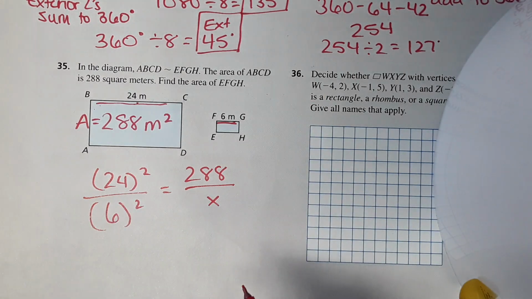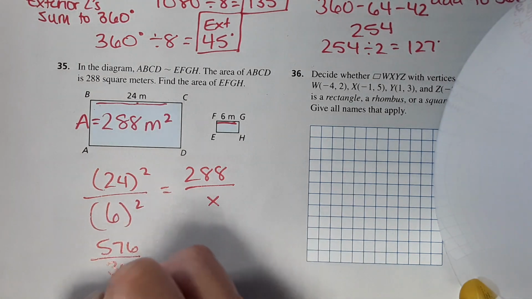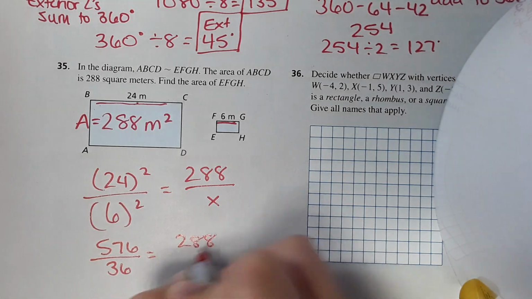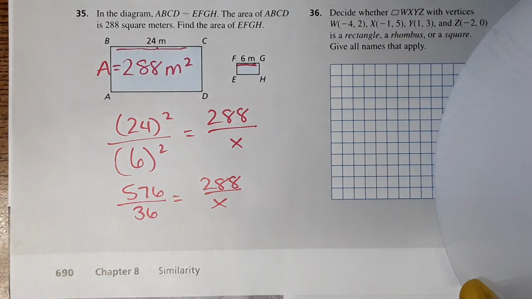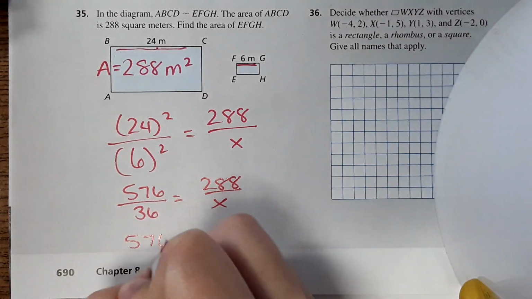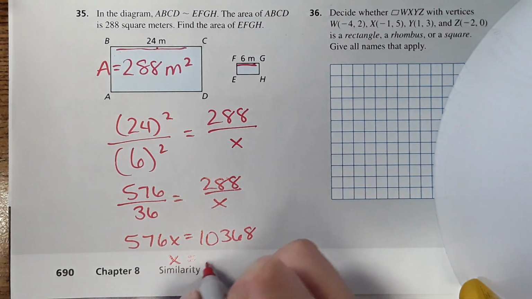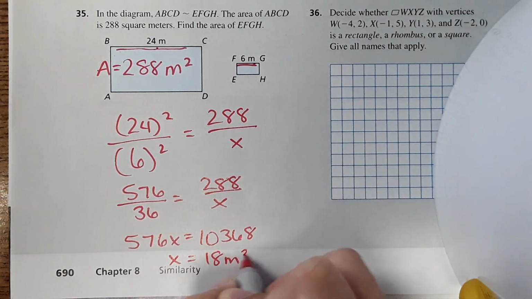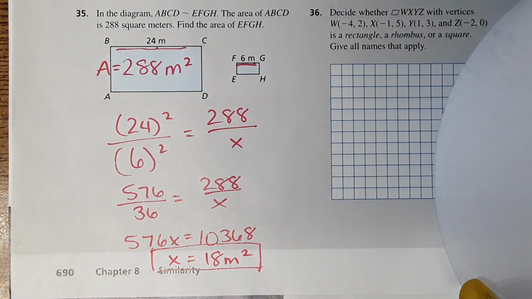So let's see what the numbers are. 24 squared is 576. 6 squared is 36. Then from here, you do your cross multiplication. You're dealing with some big numbers, but it's cool. And then x equals 18 meters squared. So that's one way to do it.